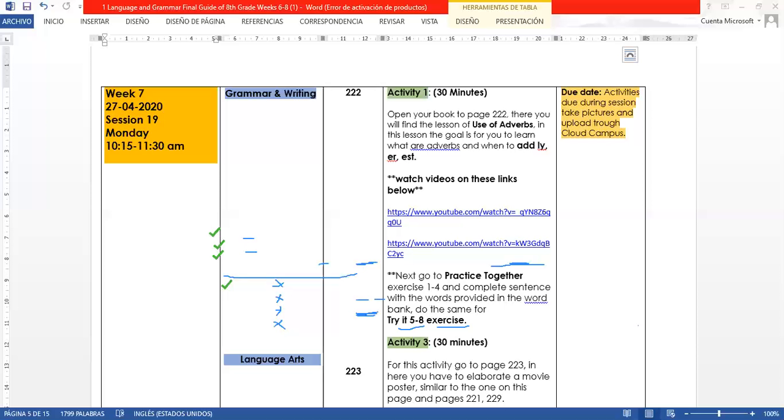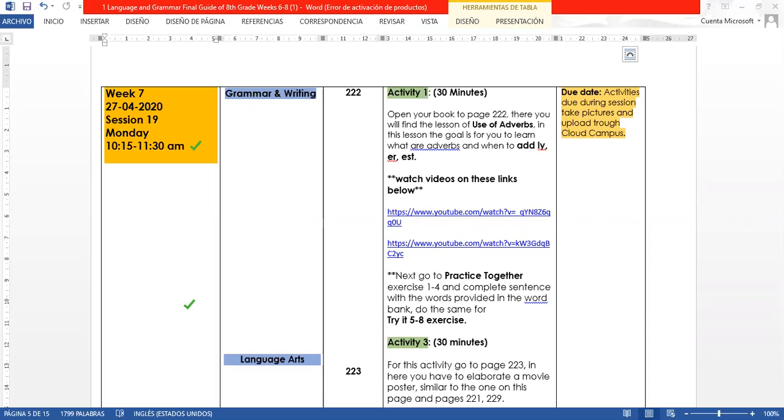So then we go to the bottom of our page. Take a look here. Okay. So at the bottom of our page, it says we practice together and to try it. It's two exercises the book is providing us here for us to work on.